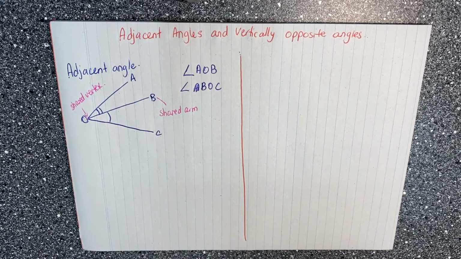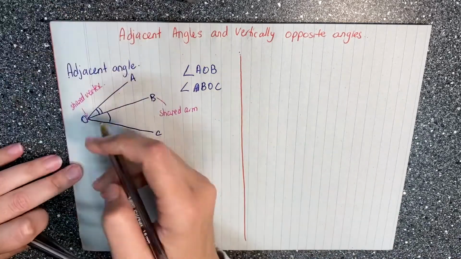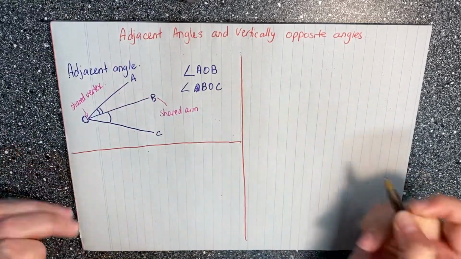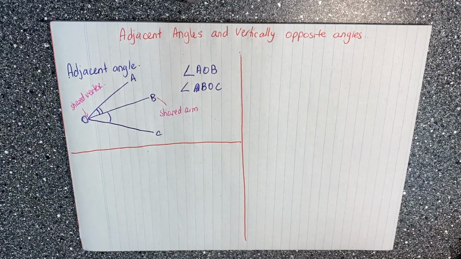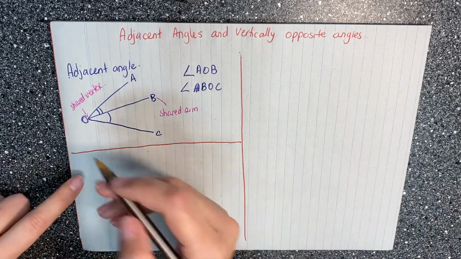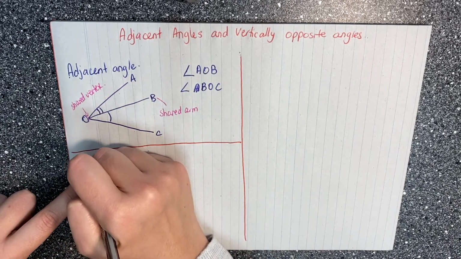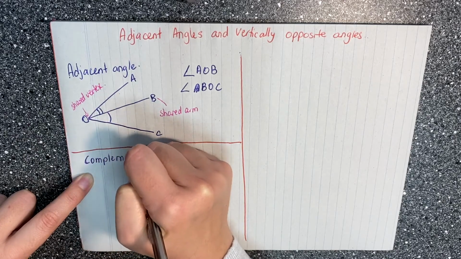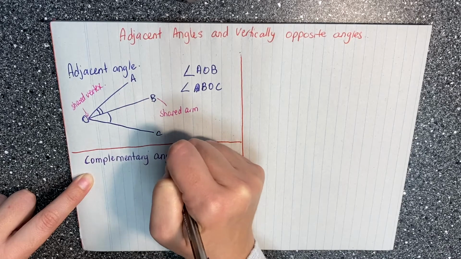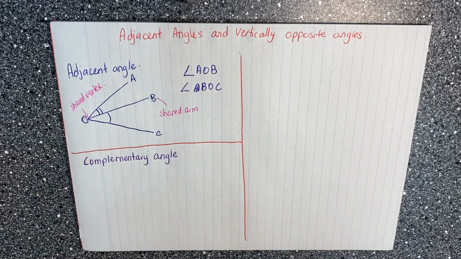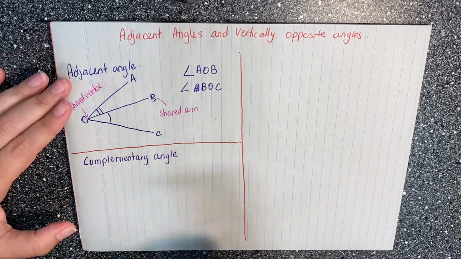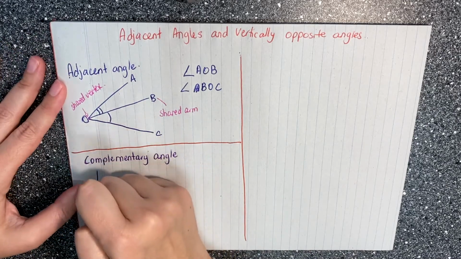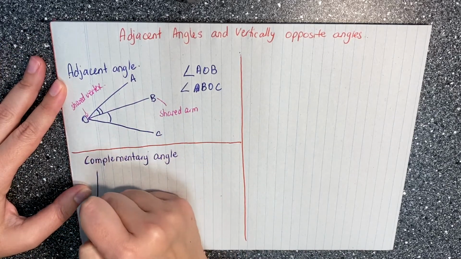All right, let's look at the next example. The next example that I want to talk about is a complementary angle. A complementary angle is two angles that add up to 90 degrees, or a right angle.